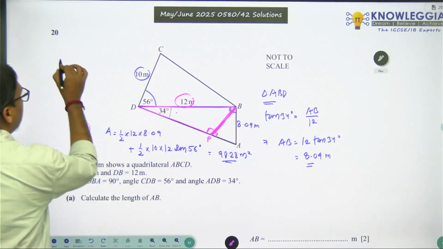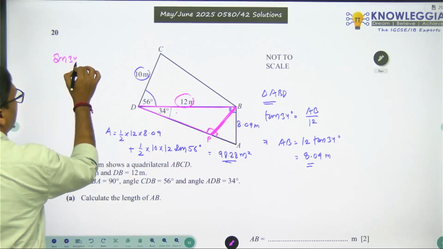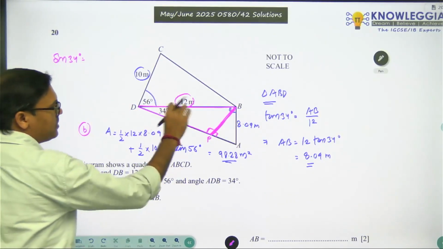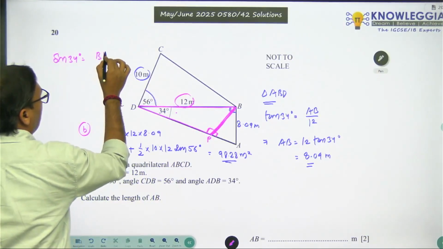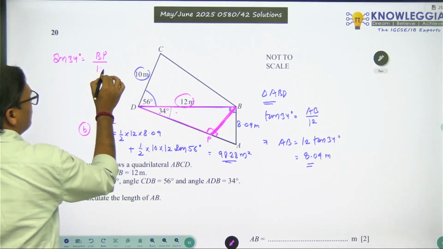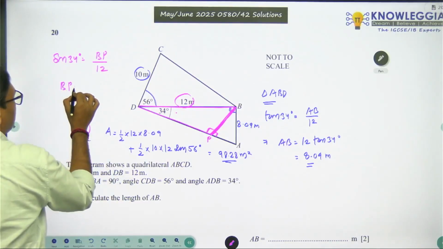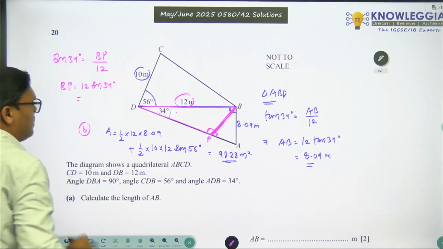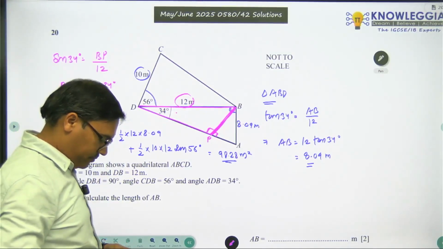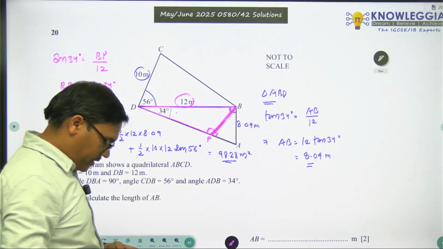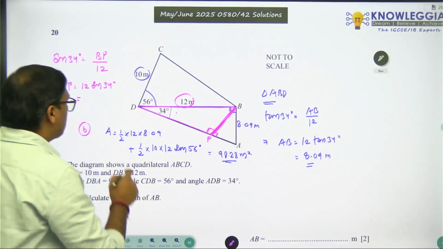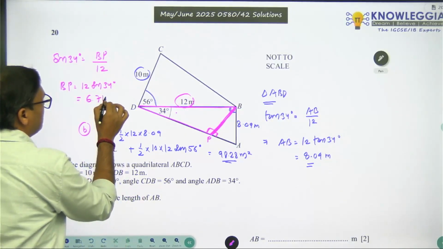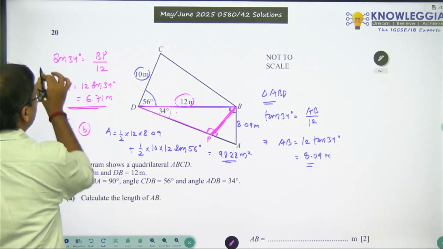So I can apply sine 34 degree, which is equal to the opposite, BP, over the hypotenuse, which is 12. So BP is equal to 12 sine 34 degree, which is equal to 6.71. 6.71 meter. So this is the answer for the third part.